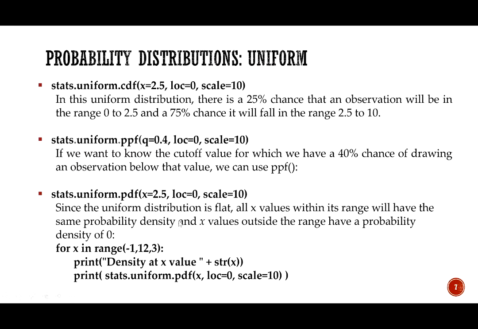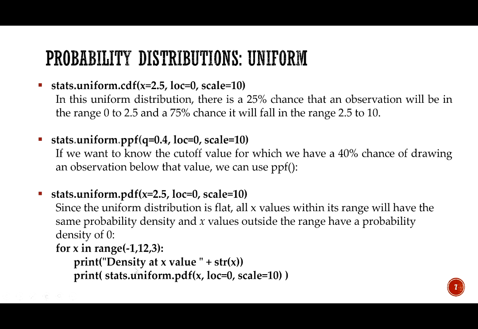Now, if we want to calculate the density function, since the uniform distribution is flat, all x values within its range will have the same probability density, and x values outside the range have a probability density of 0. So we want to print this. In this example, we are using a for loop to generate numbers between -1 and 12, and the step value is 3.